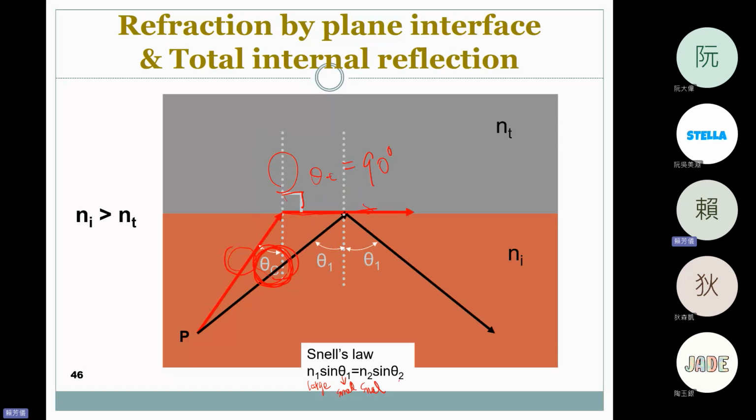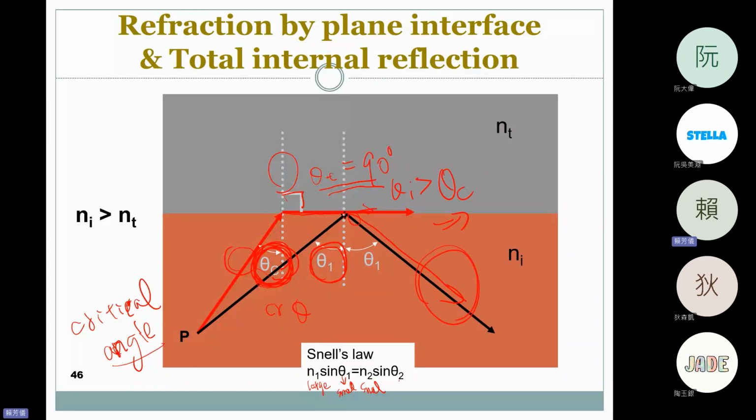Okay, in this situation, the incident angle is called the critical angle. When the incident angle theta 1 is larger than the critical angle theta c, all of the light will reflect back into its own material.